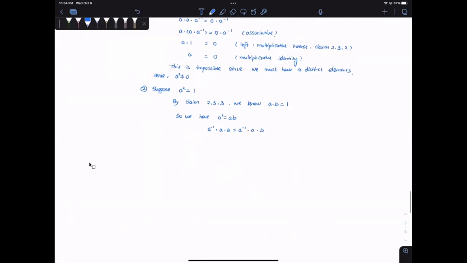Okay, and I'm gonna put brackets. So this is associative. And then this will give you 1 times A equals 1 times B. This is a multiplicative inverse. And then this will give you A equals B. And this is a multiplicative identity.